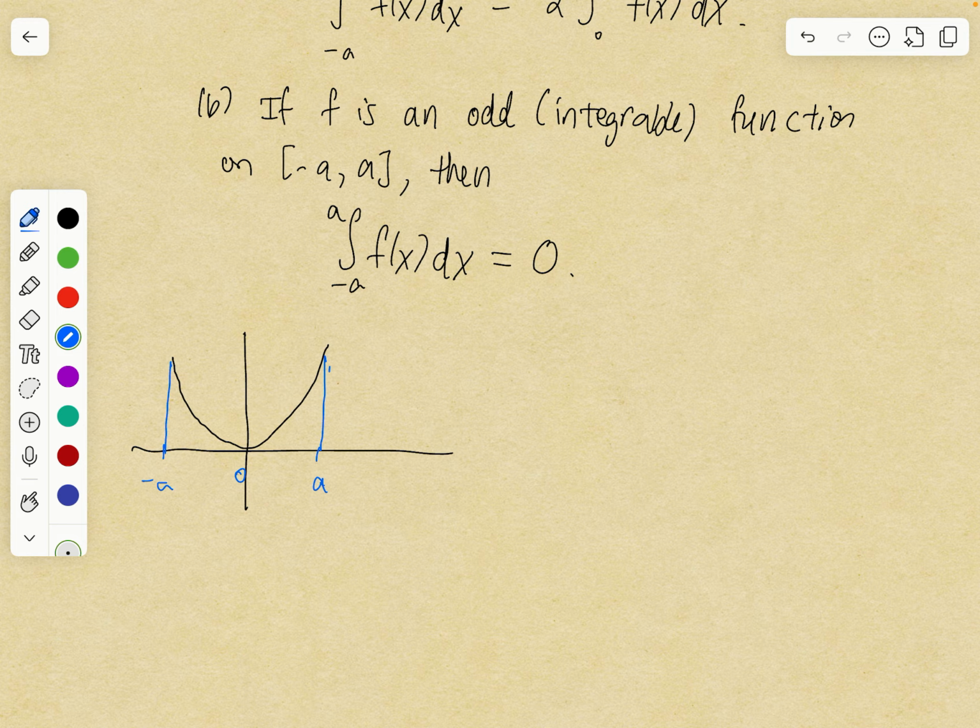Well, we think of the integral as the area under the curve, right? So what this fact is saying is that the area from negative a to 0 is the same as the integral from 0 to a. These two have the same area.